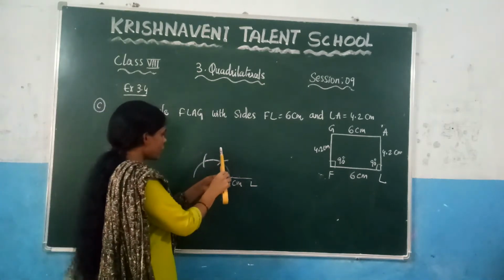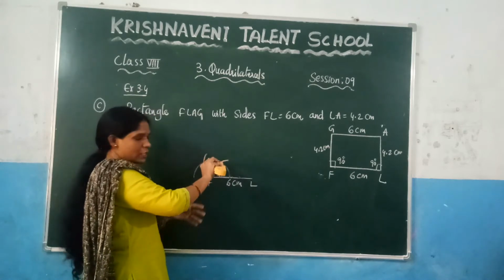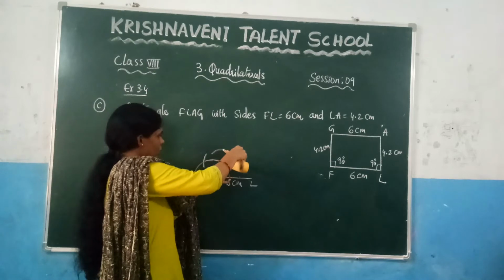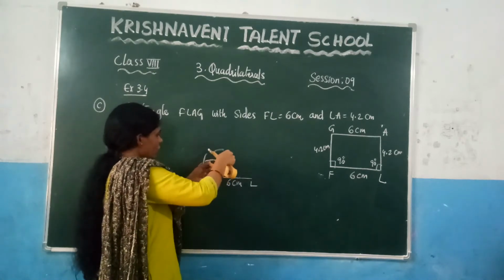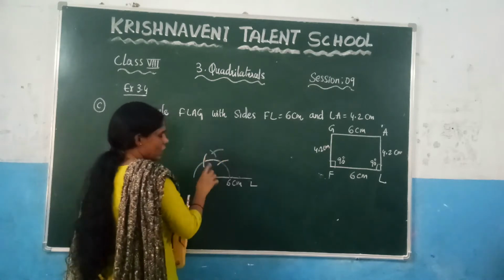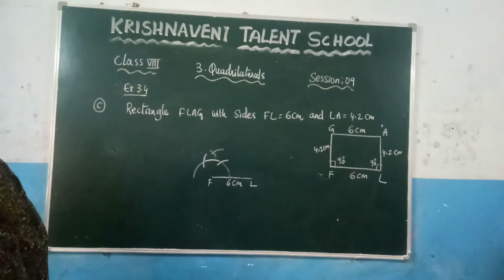At this point take more than half. You can observe that I have taken more than half radius. So at this point draw one arc, and similarly at this point draw one arc, and they intersect at one point, and draw one line that will be the 90 degrees. So here draw one line.